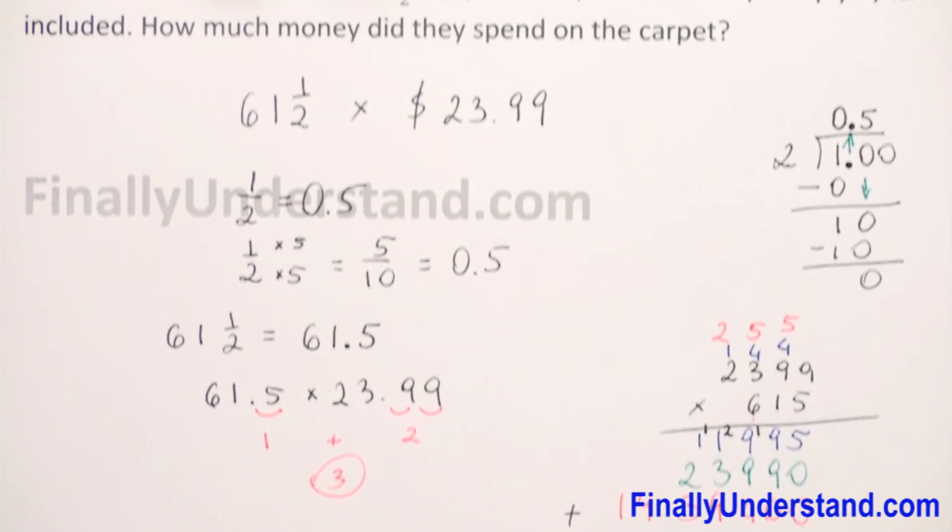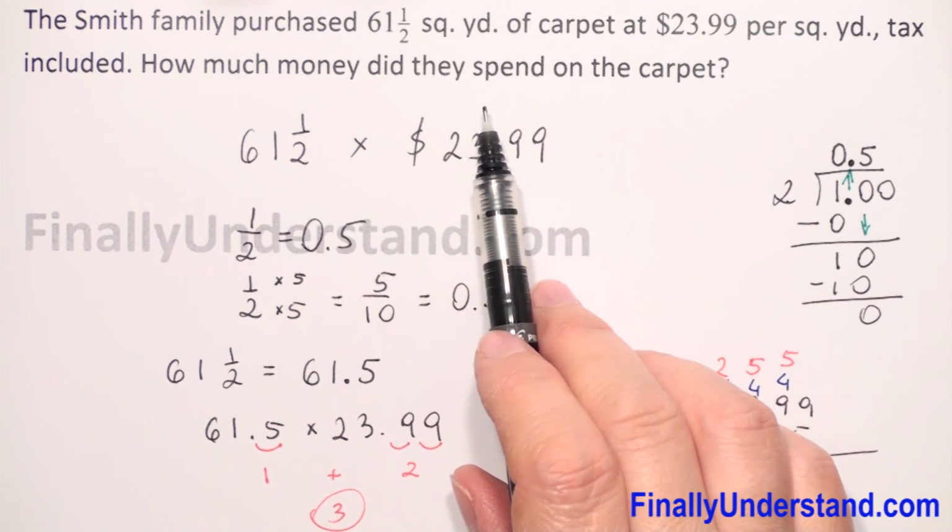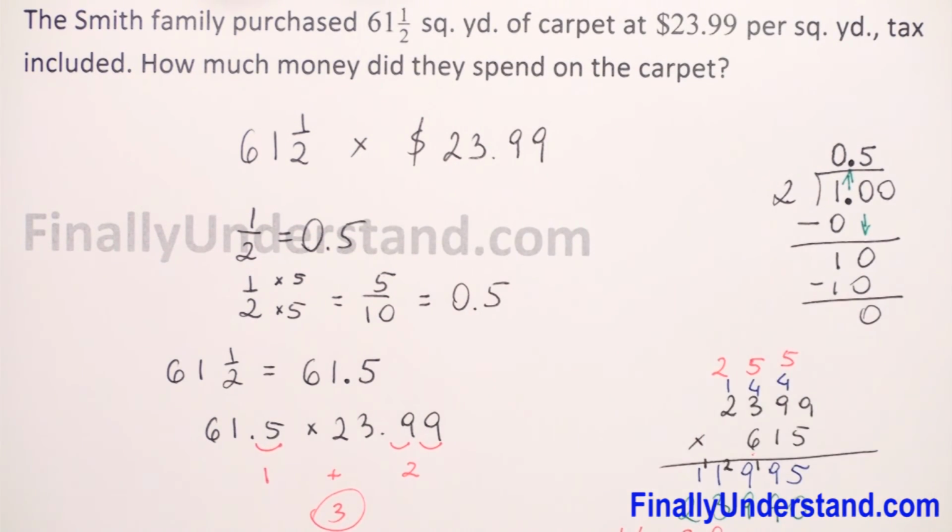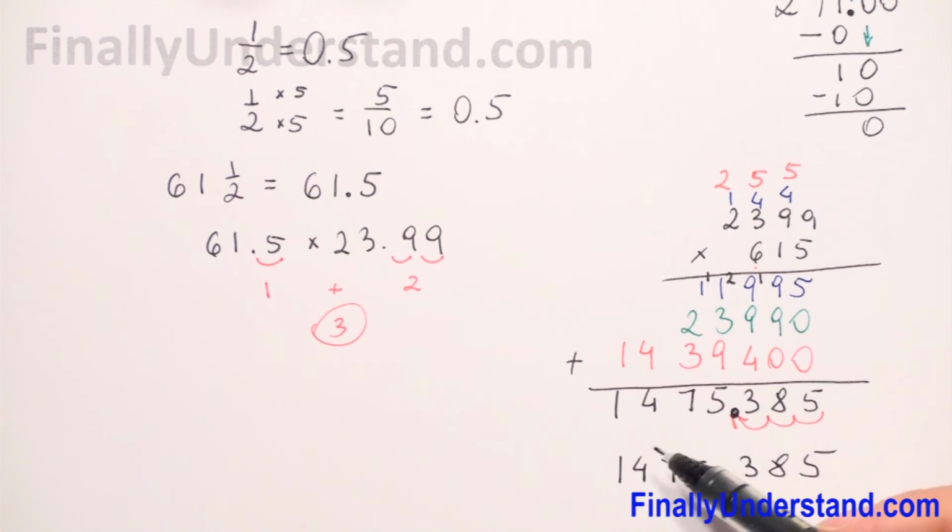We have to calculate how much they spent on the carpet. We got 1, 4, 7, 5, 3, 8, 5. In a store we have only prices with cents. We don't need the last digits. We need to round our number to the hundredth, to the cents.